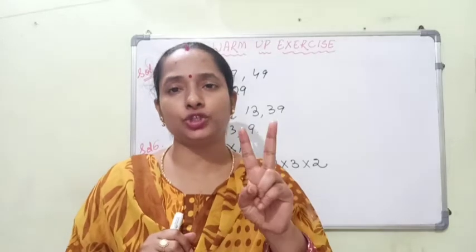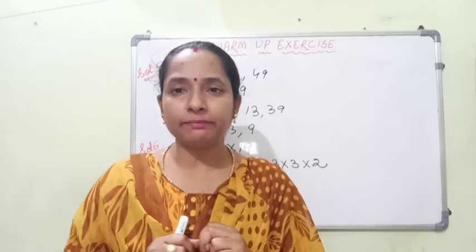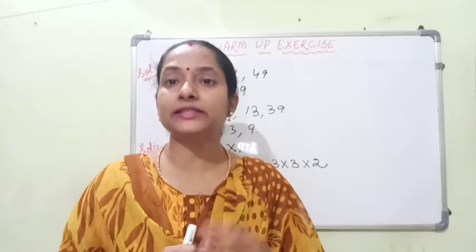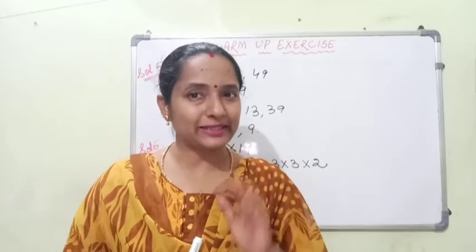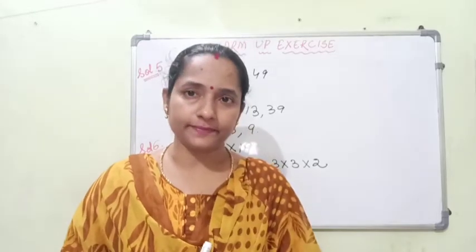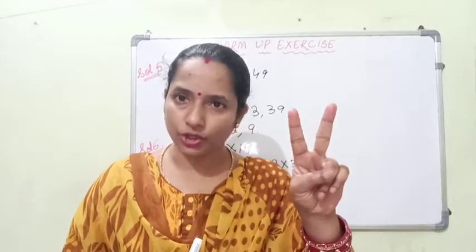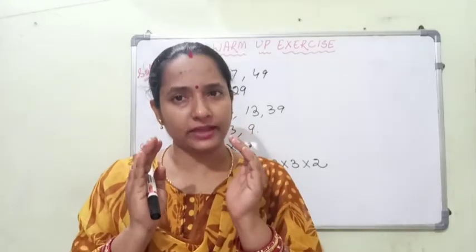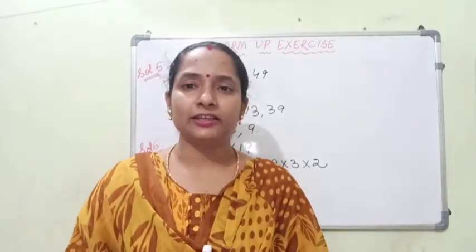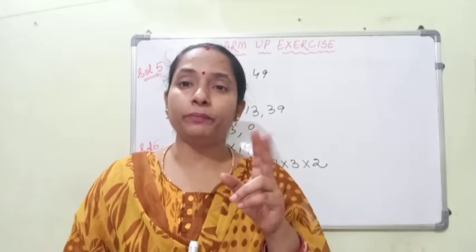is always 2. For example, if you take two prime numbers 7 and 5, what is the difference between them? 7 minus 5 is 2. So the pair of prime numbers 7 and 5 will be considered twin prime numbers.